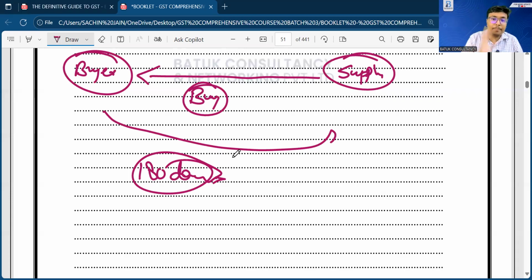Because if government had not come with this particular type of provision, that if you have bought the goods from a supplier and you are not making the payment to the supplier within 180 days, in that case your ITC will be reversed. Why is this provision required? Reason being, if government has not implemented this type of condition, there may be chances of certain paper transactions.